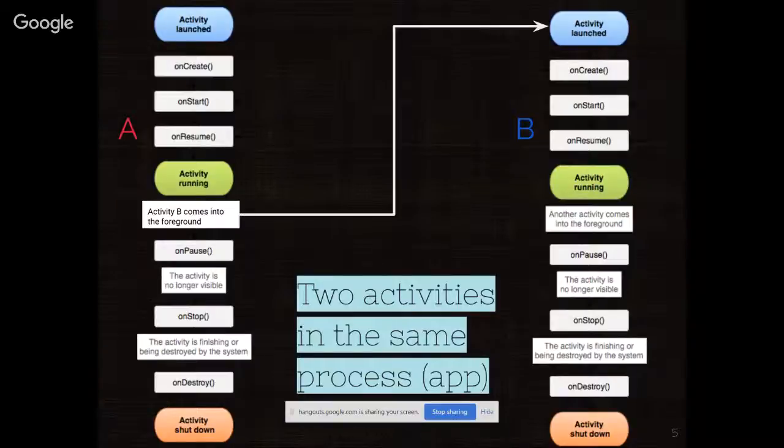Then, if the activity A is no longer visible on the screen, the method onStop will execute. This is very organized and is a predictable sequence of life cycle that allows you to manage the transition of information from one activity to another. Pretty cool.